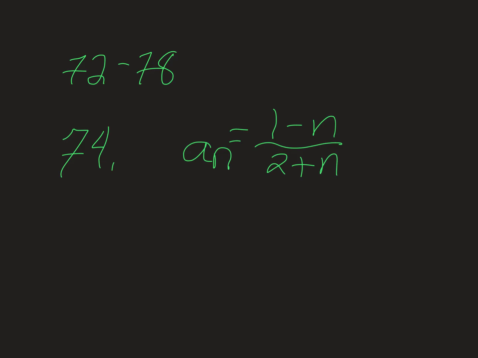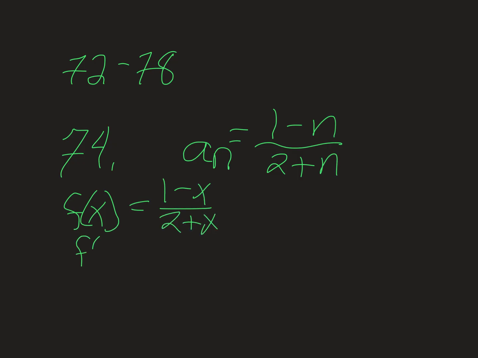What we'd like to do is decide if it's increasing or decreasing. Now, surprisingly, just think of this as a function. Let's look at f of x equals 1 minus x over 2 plus x.